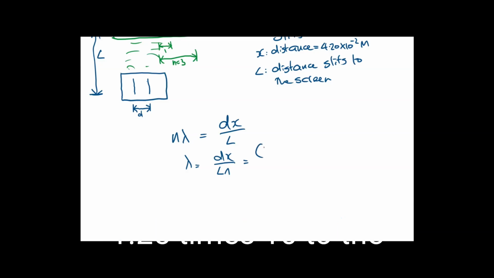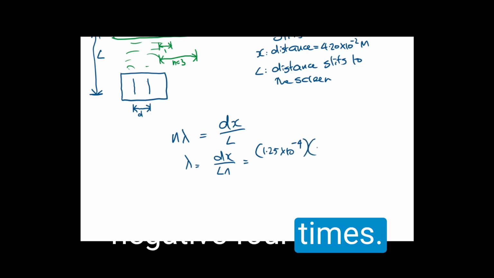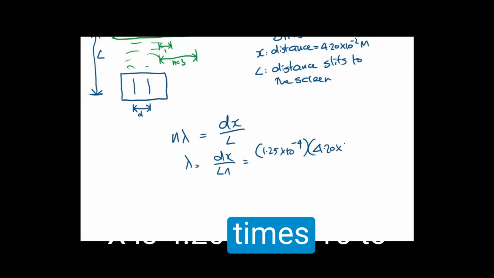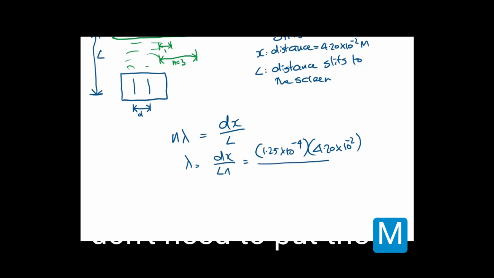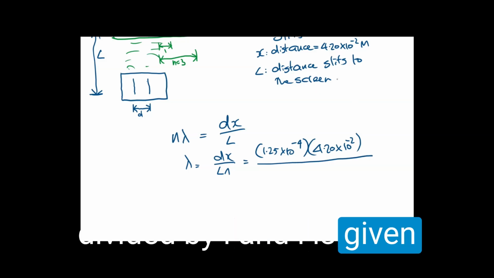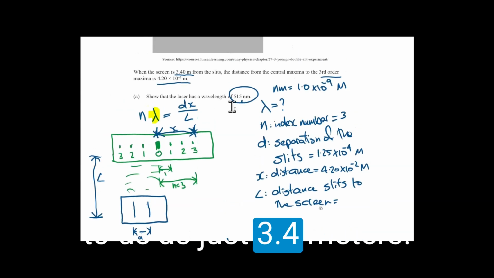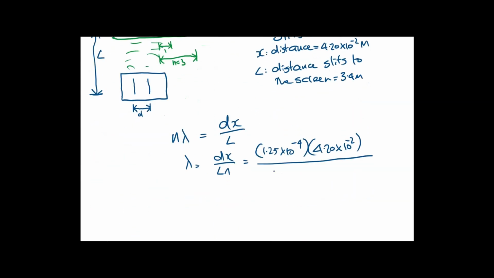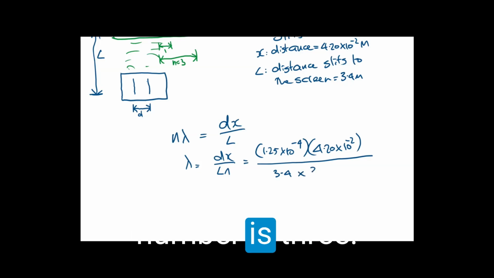So this is going to be 1.25 times 10 to the negative 4 times x is 4.20 times 10 to the negative 2, and they're in SI units, so we don't need to put the m, divided by L, and L is given to us as just 3.4 meters, times the index number, which is 3.